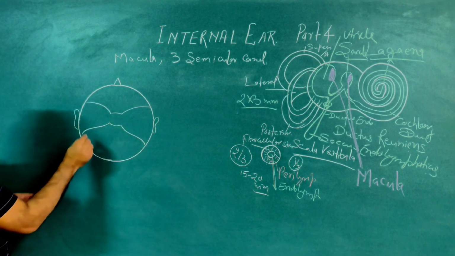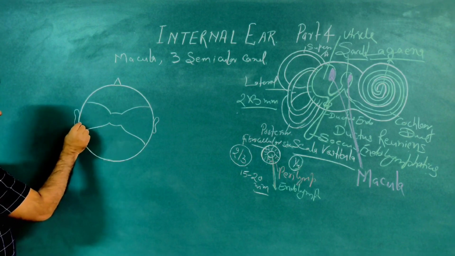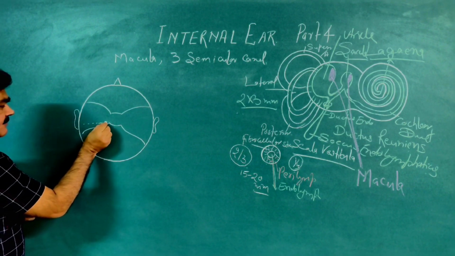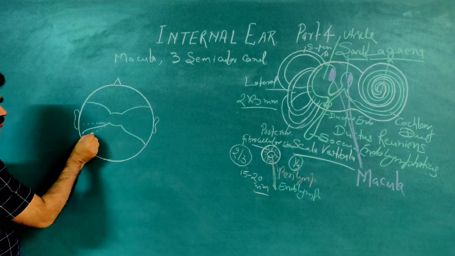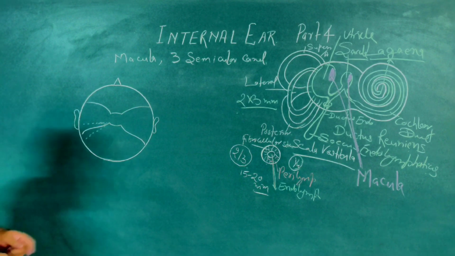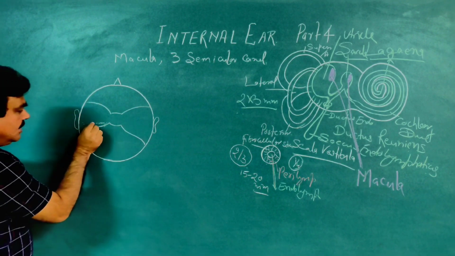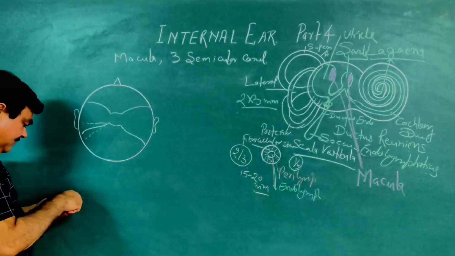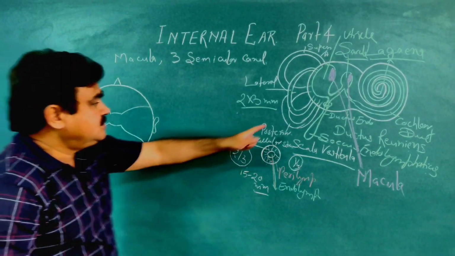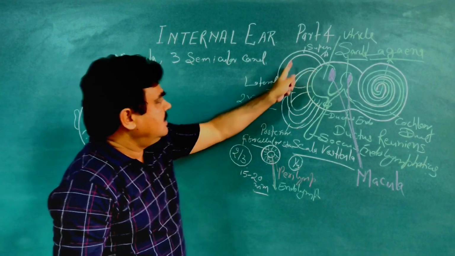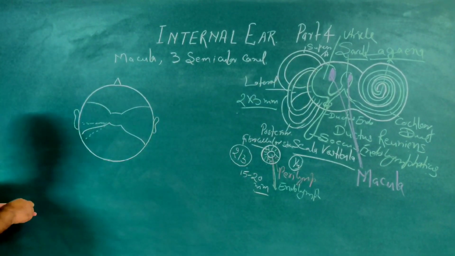This is petrous temporal bone. This is anterior surface. This is posterior surface. And if you see the position of the internal ear here, this is the position of the semicircular canals.